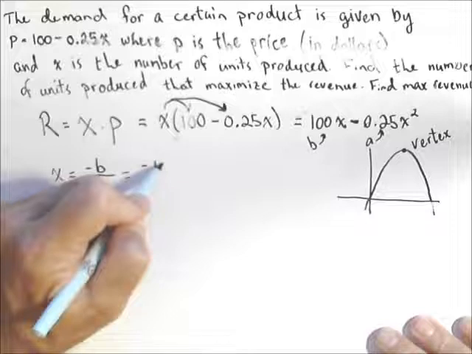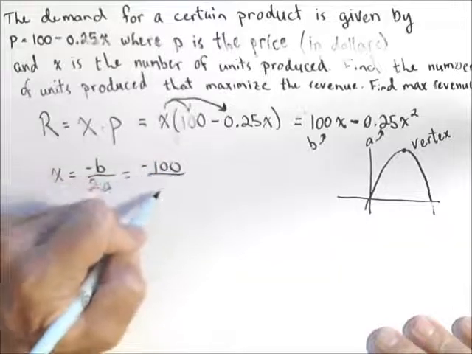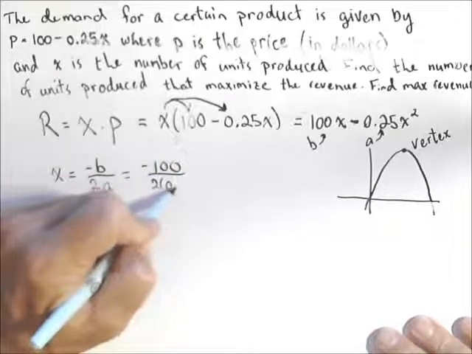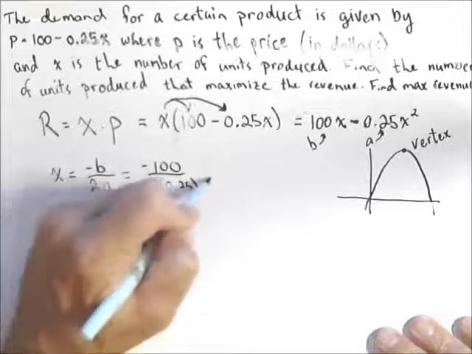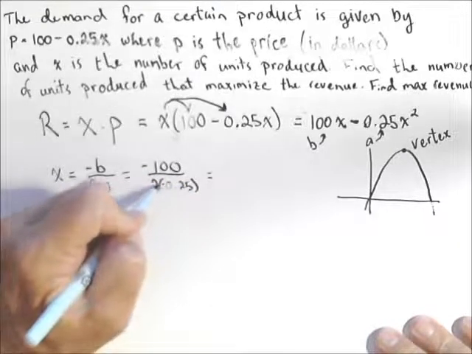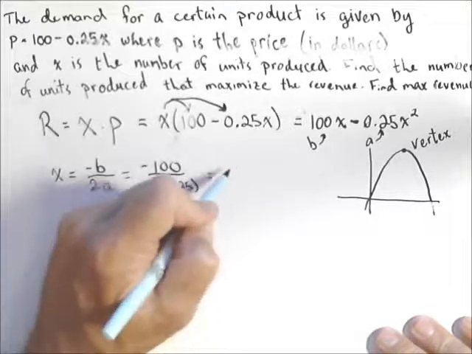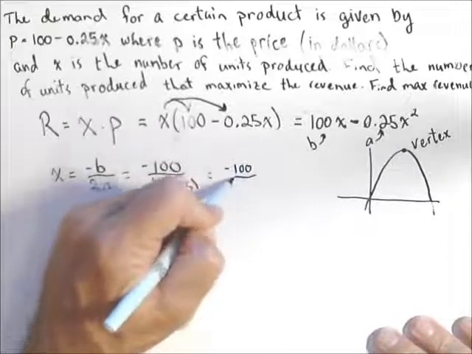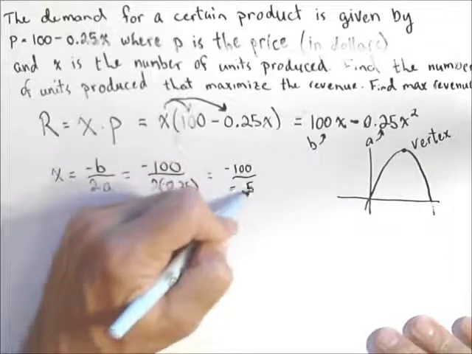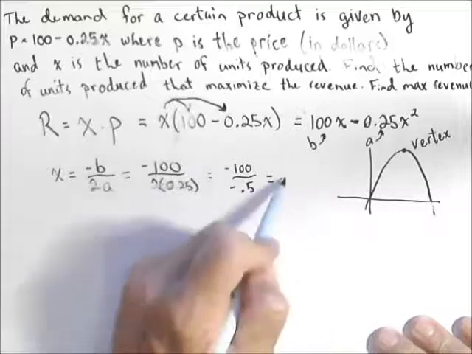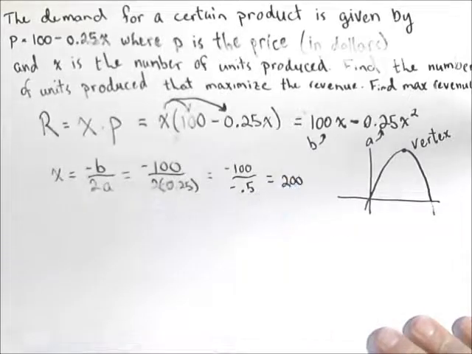So, negative 100 over 2 times negative 0.25 gives us negative 100 over negative 0.5, which gives us a positive 200.